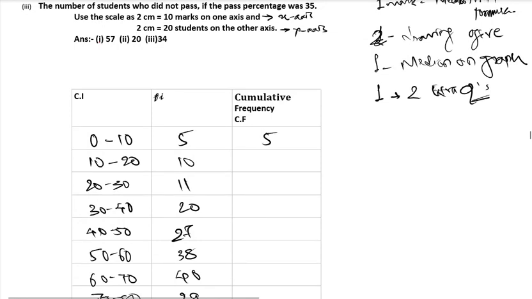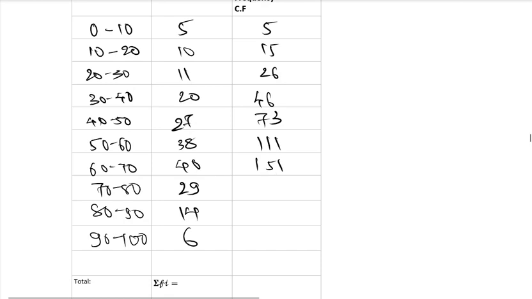5 plus 10, 15 plus 11, 26 plus 20, 46. 46 plus 20 is 66 plus 7 is 73. 73 plus 30 is 103 plus 8, 111 plus 40 is 151. 151 plus 29.